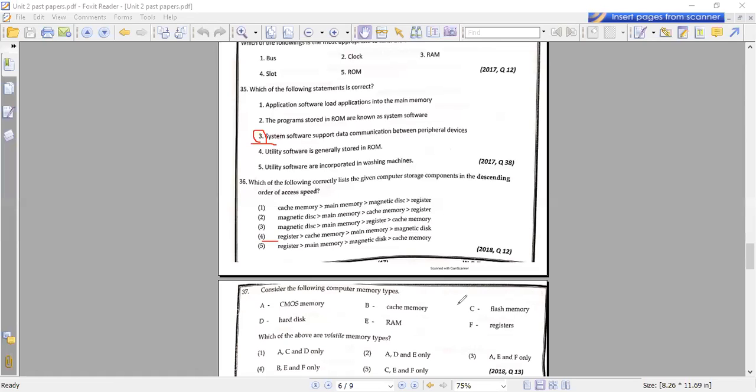Cache memory you can take. B you can take, flash you can't take. RAM you can take, register. So fourth answer should come. 37, fourth answer. Most of you have put the correct answer. Okay, we'll go to the next one.